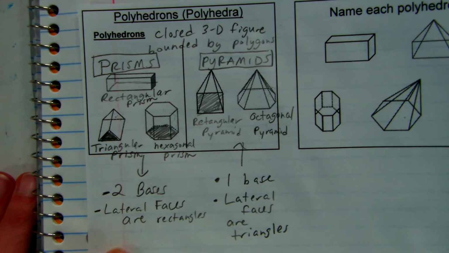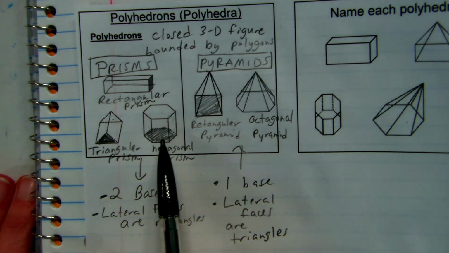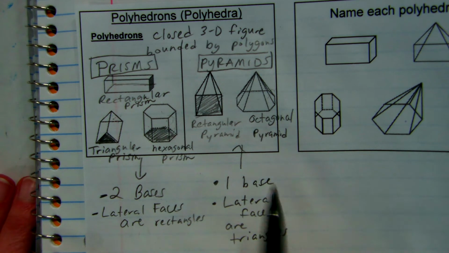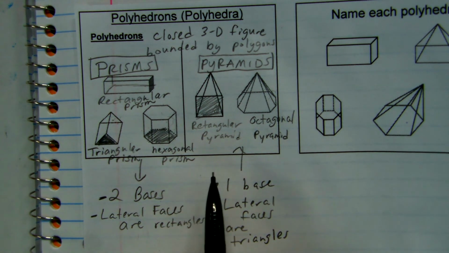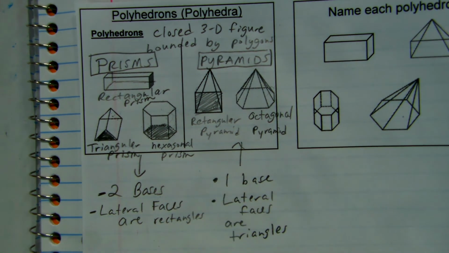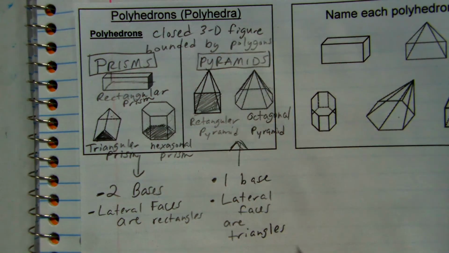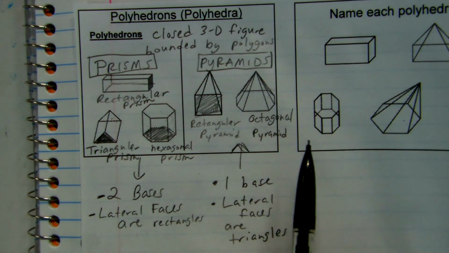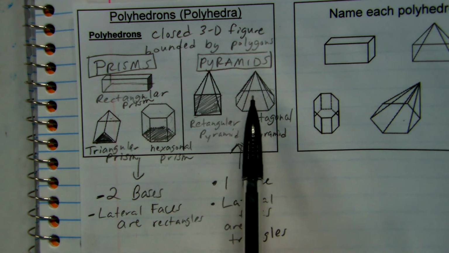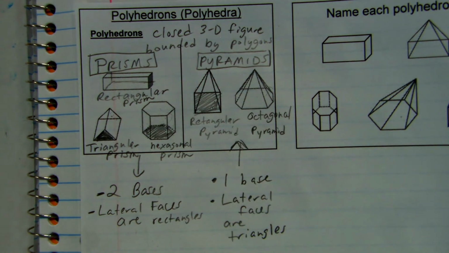There are ways that the prisms can be slanted a little bit. They change the rectangles into parallelograms, but it's basically the same idea. So that's just some facts about these two different types of polyhedra. We've got prisms, we've got pyramids. There are other types of polyhedra out there, but those are the ones that we're going to focus on as far as doing surface area and volume.